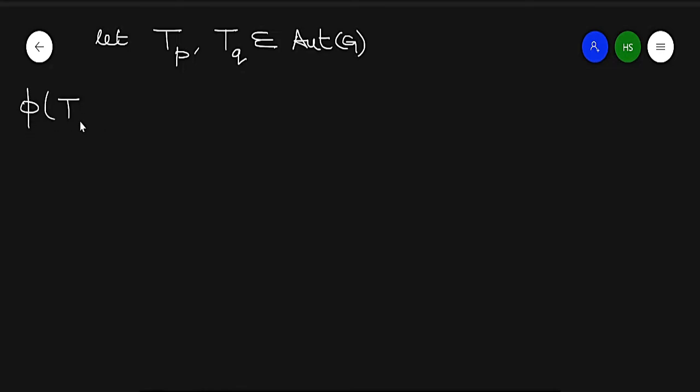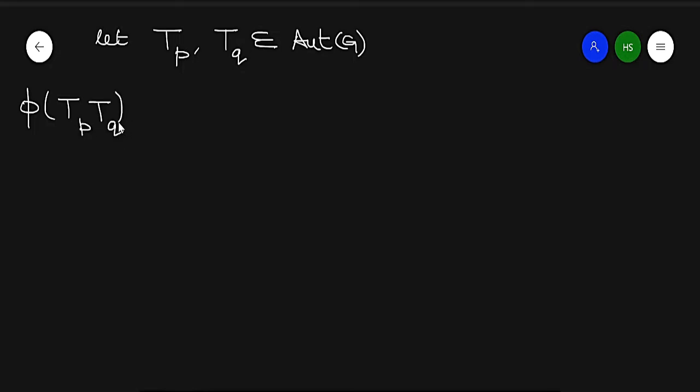First, to prove it is a homomorphism, I take two mappings TP and TQ which belong to the automorphism of G. Now what is phi of TP and TQ?